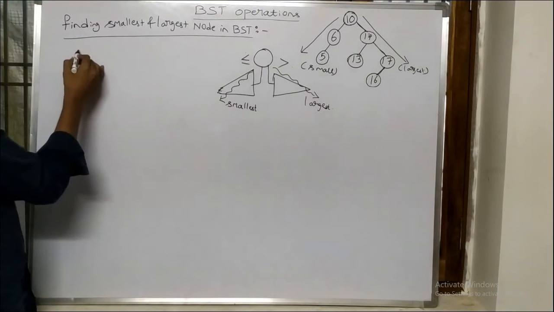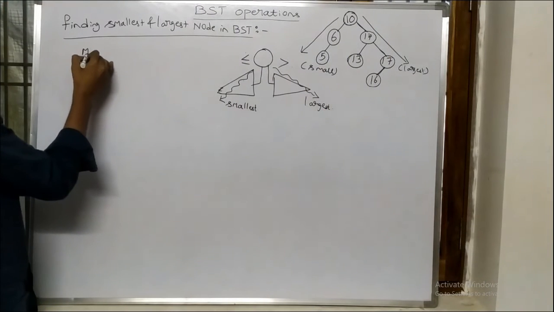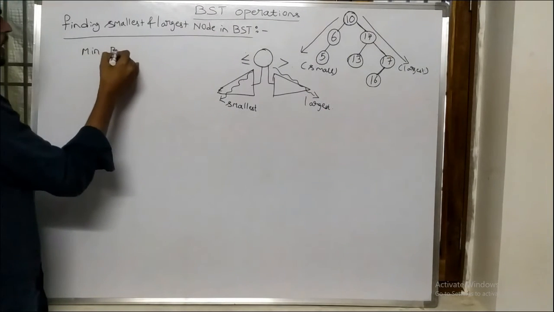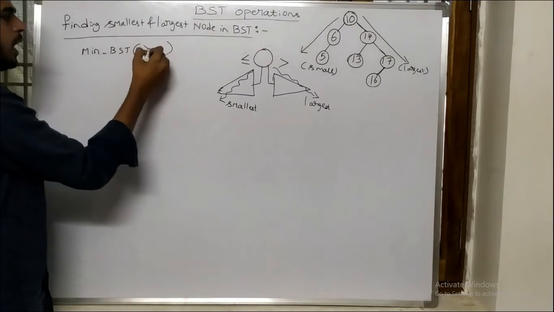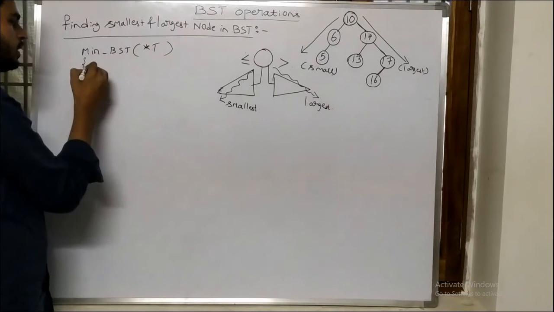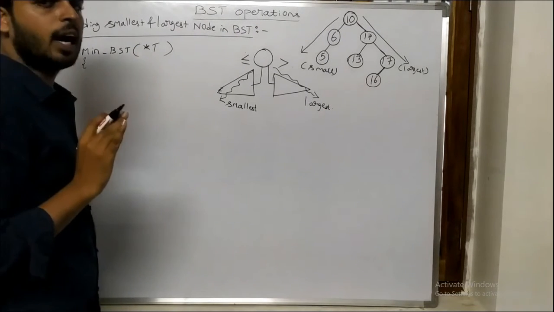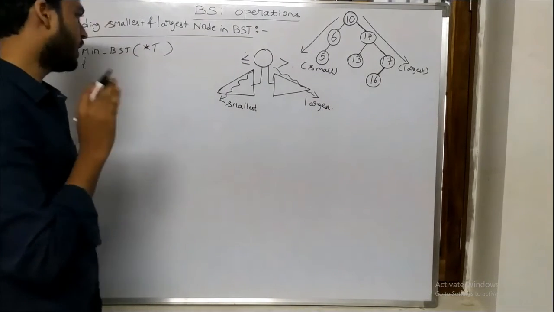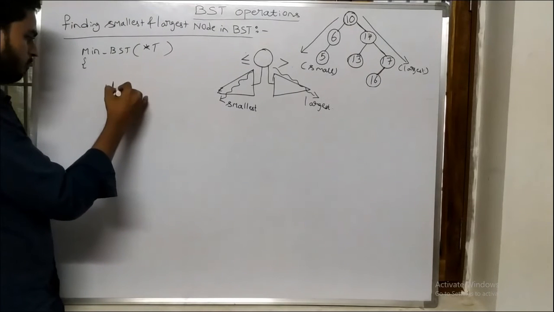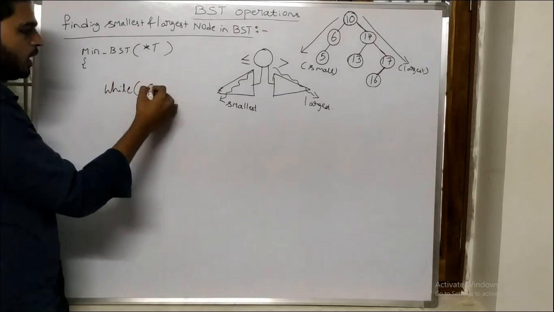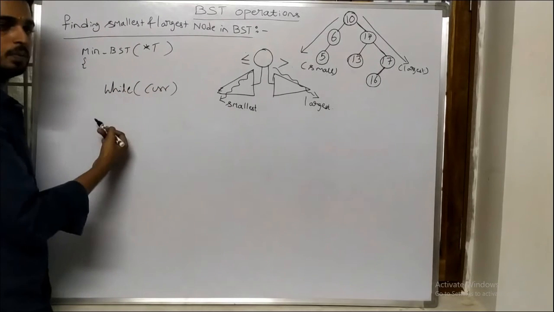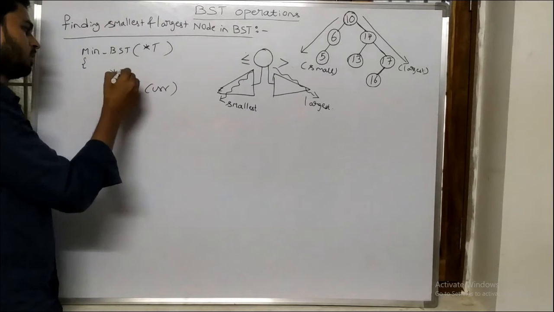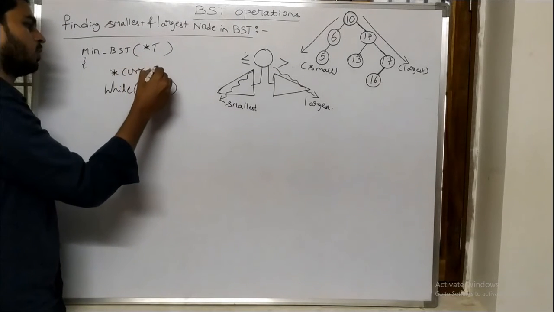Finding the smallest or minimum element of a binary search tree, I am going to pass some address here, right? As I am writing this, I need to always take a while loop, and as that address is there, you know all this. Current equal to root.